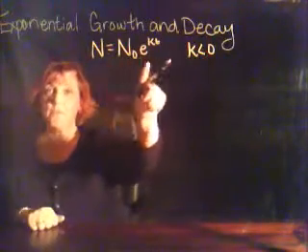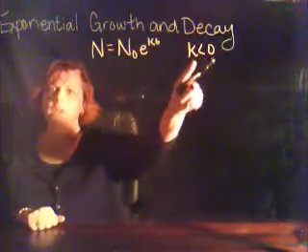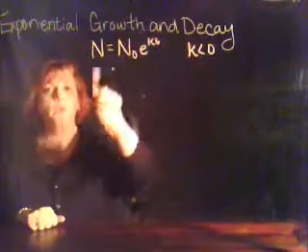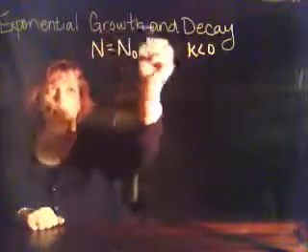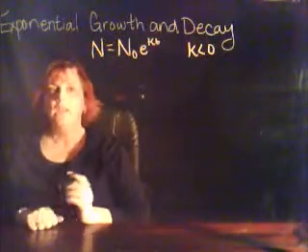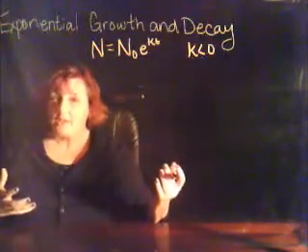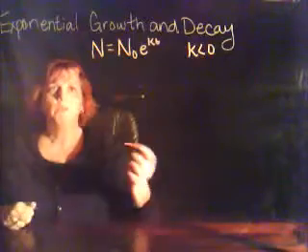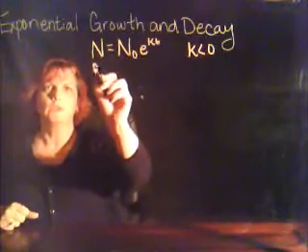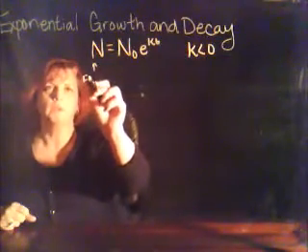Yes, this is the same formula, only this time our k is less than 0. The one previously was a growth. Now we're going to look at decay. And an example is going to be like things like radioactive materials that have half-lives. But once again, this is our final population.